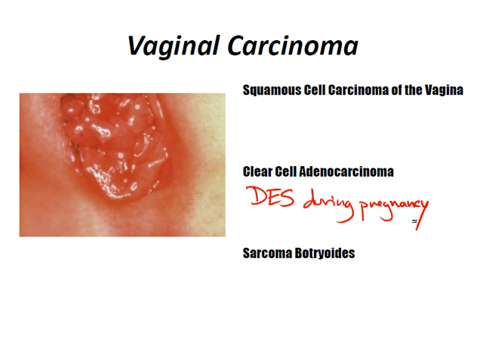So what about, like in the picture, sarcoma botryoides? This is a rare variant of rhabdomyosarcoma. It occurs in children younger than 5 years of age.